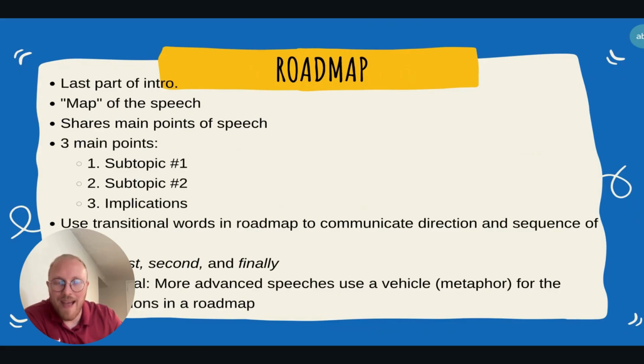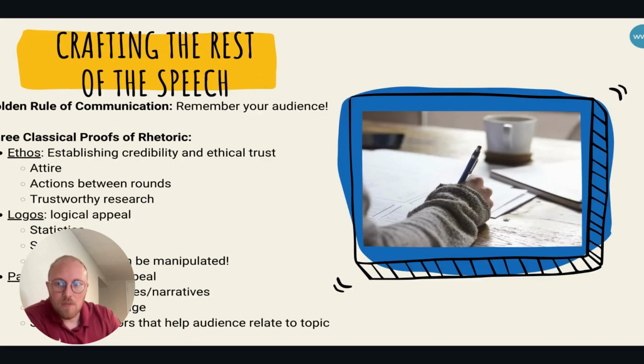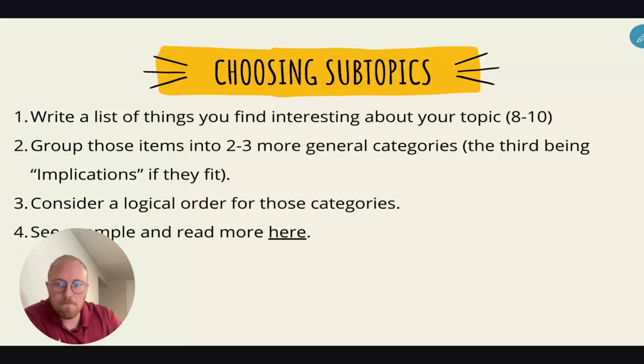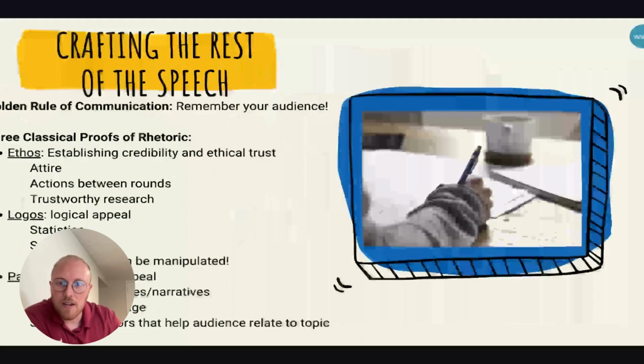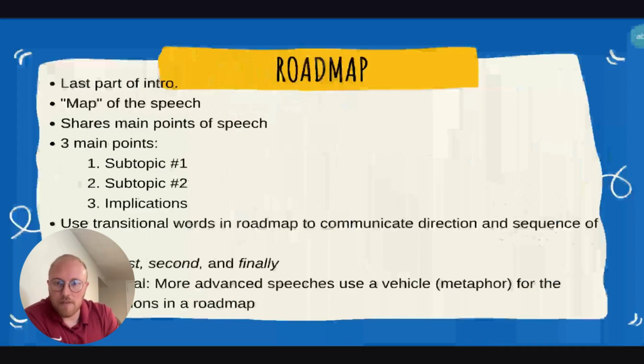Now, the actual organization of the main points is going to be a little bit different here than in your original oratory. I thought I had another slide in there about the differences with original oratory, but essentially you probably want to think through your main points being like subtopic 1, subtopic 2, and the implications, right?